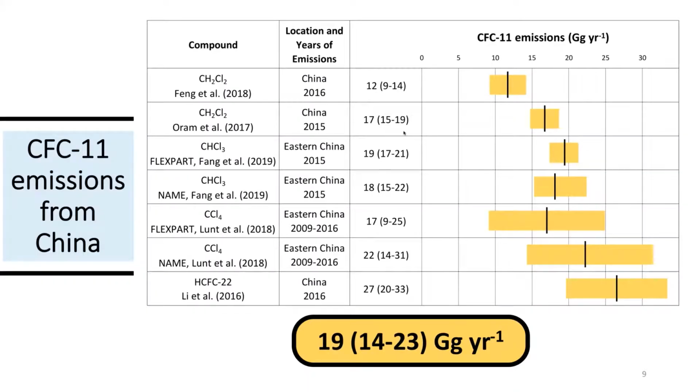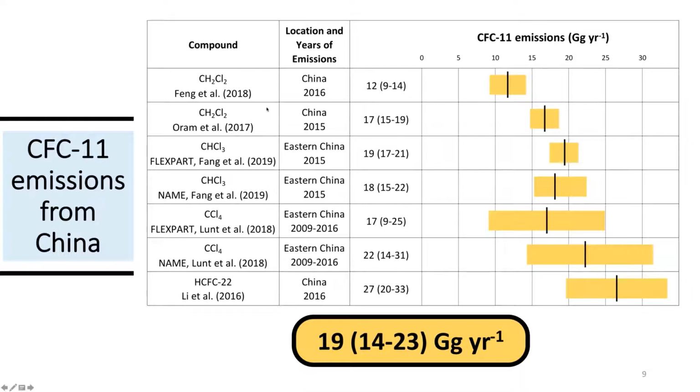So these are our CFC11 emission estimates. You can see that there is quite a broad range in the emission estimates. The lowest one is 12 gigagrams per year, and that's based on the dichloromethane estimate. And then the highest one is 27 gigagrams per year, and that's based on the HCFC22 estimate.